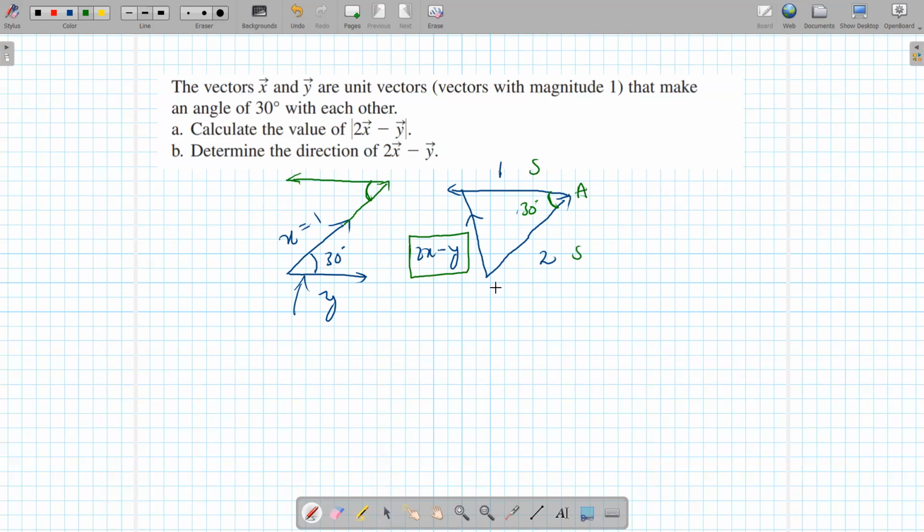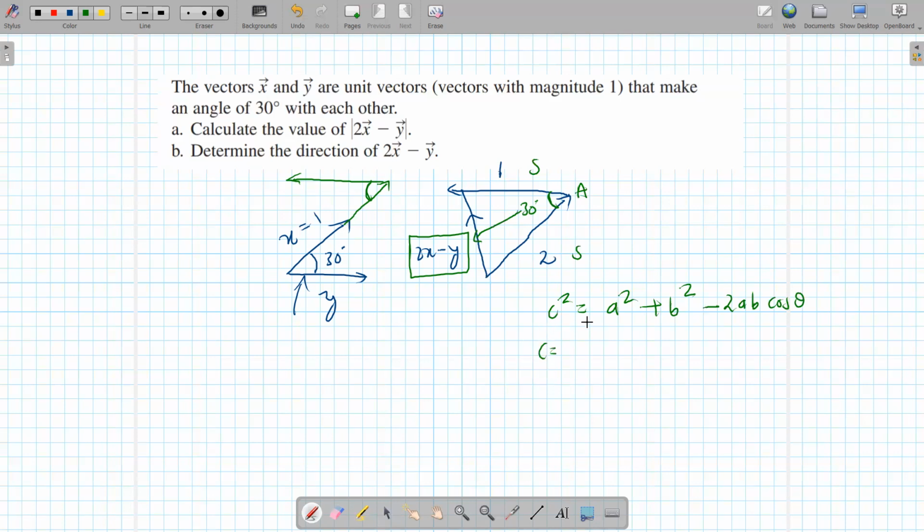Cosine law. Do you remember what it was? It was kind of like the Pythagoras theorem. So it's c squared equals a squared plus b squared. This is literally the Pythagoras theorem. And then there's the added component of minus 2ab cosine theta, where c is always the side that's facing opposite the angle.